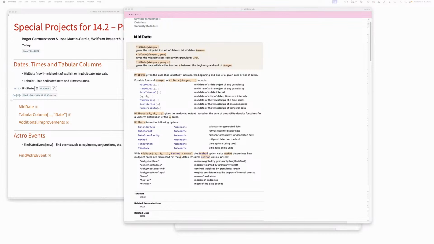All right. So the default here is what? Is mean the default or is granular mean the default? Granular mean is what we've been using as the default. I think we should probably go on with that. Okay. Any more to figure out with this? Nope. I think that's it for Middate.